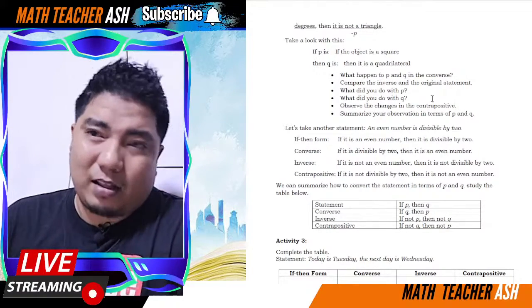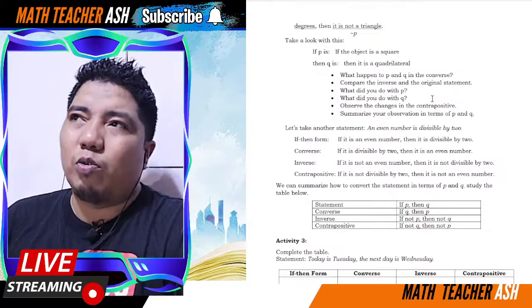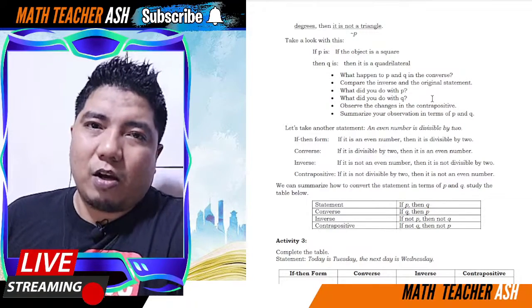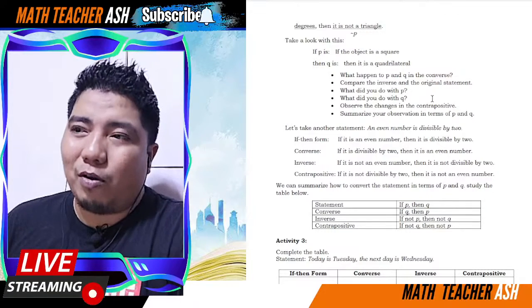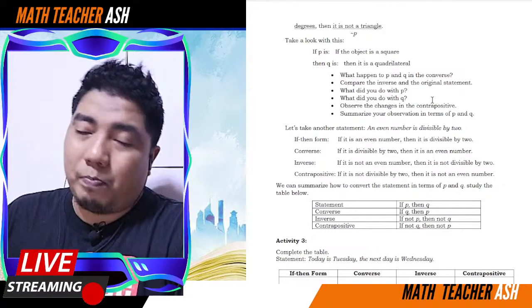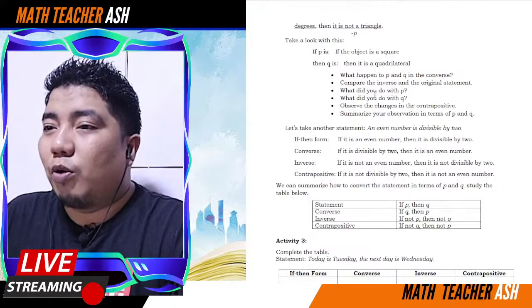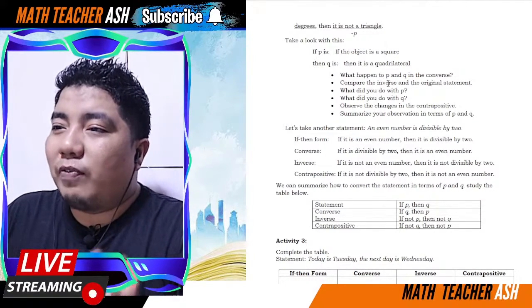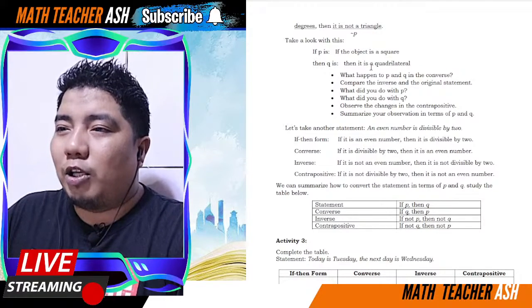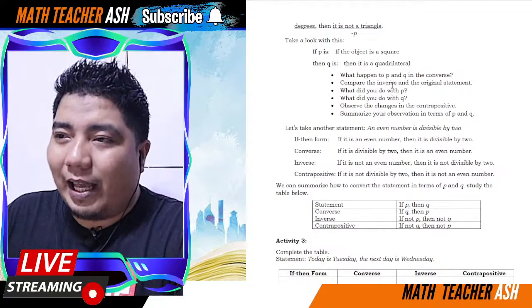Pero in this matter, yung context niya or yung meaning niya, hindi siya always acceptable. Pero based on the converse, that is it. Compare the inverse and the original statement. Kung inverse naman ang pag-uusapan, gagawa lang tayo ng not.